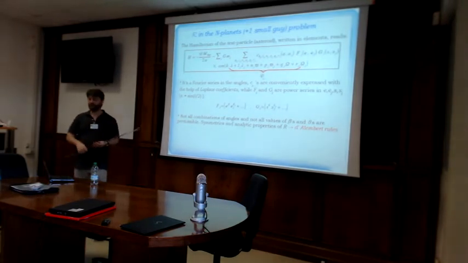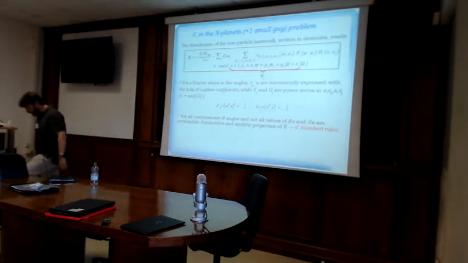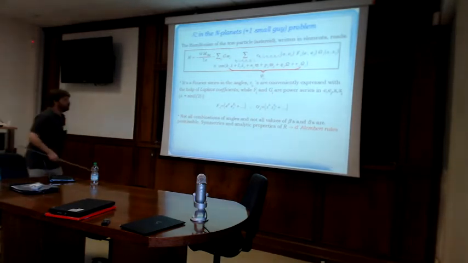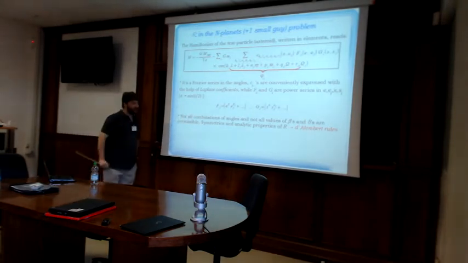And they are essentially power series. Of course, the semi-major axis parts can be conveniently written in terms of Laplace coefficients. But the rest we keep as a power series in eccentricity and inclination, or sine of half the inclination, if you like.